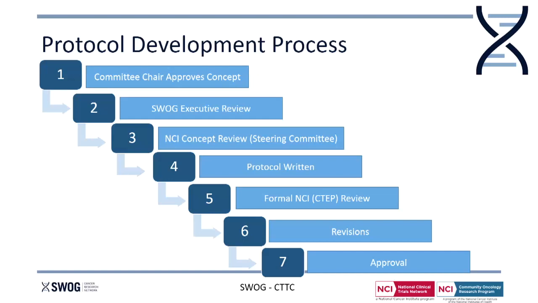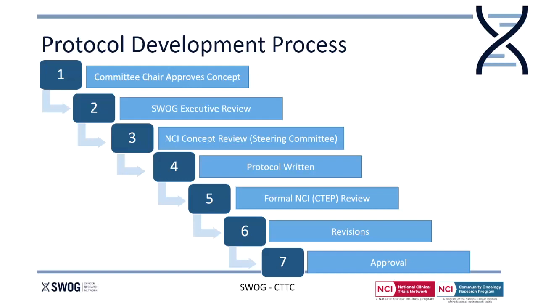The assumption is that the committee chair and the committee members who have already examined it have determined the scientific merit of the proposal. So really the SWOG executive review is looking at practical aspects of whether this study is appropriate for SWOG, whether we can do it successfully.